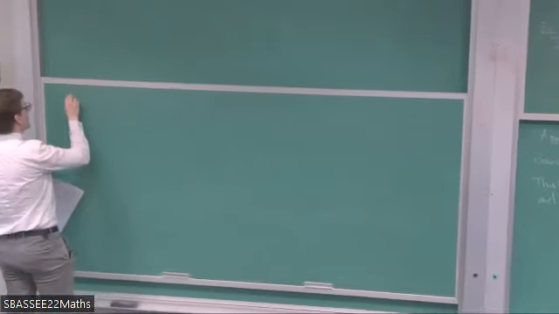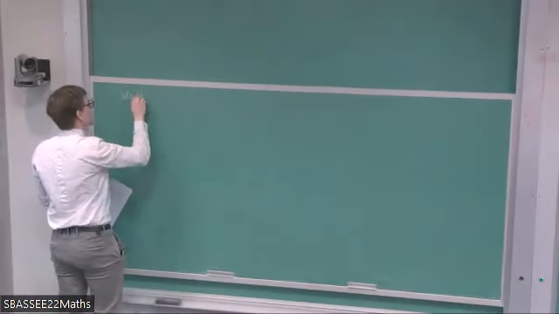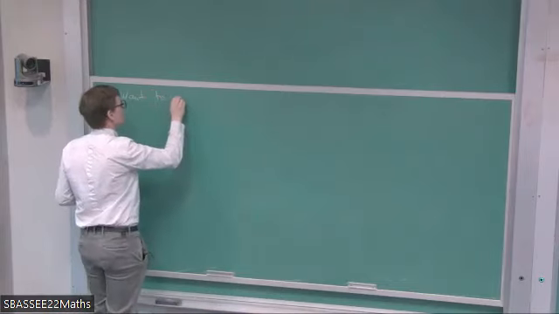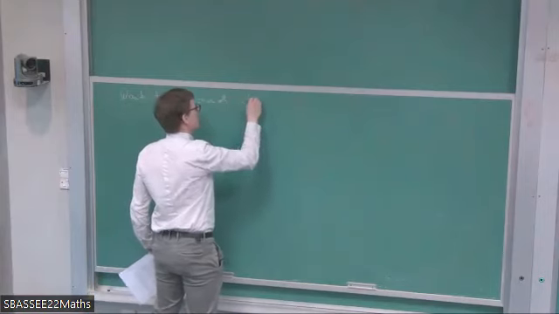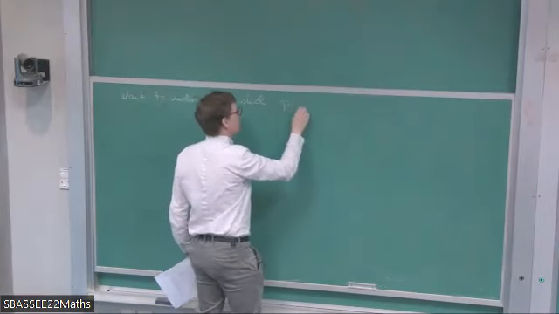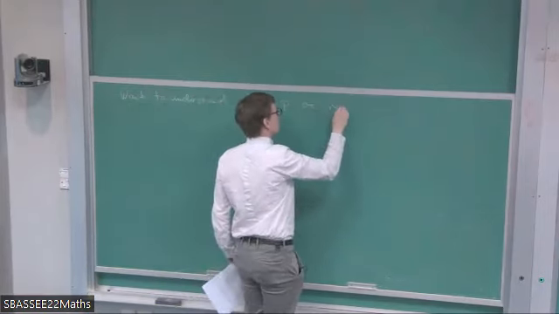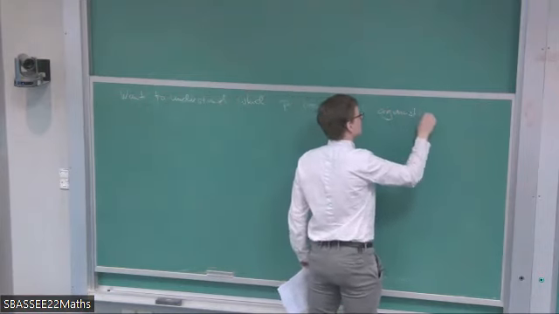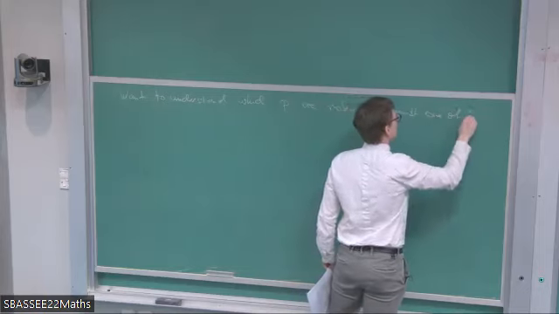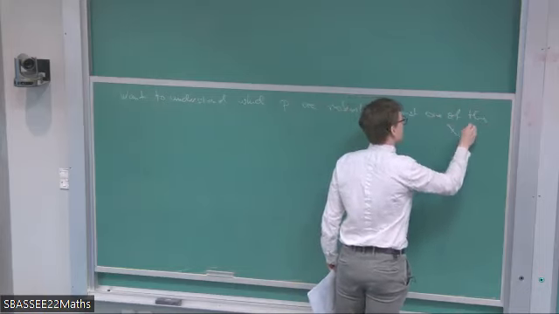Okay, so we want to understand which P are robust against one of the xi failing.